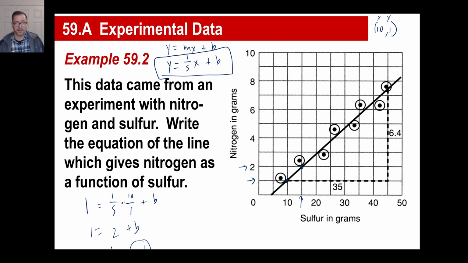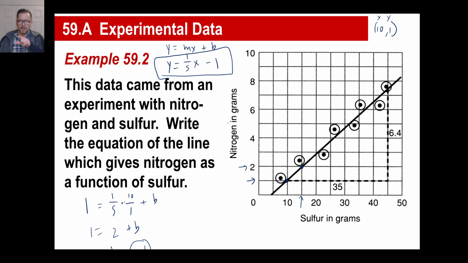Well, now we can go back in here and go, okay, we had that equation. It's going to be y equals 1/5 x plus b. Well, forget the plus b. I'm putting -1 in there, because that's what it is. There you go. And if you want, for the rest of the time, you can leave this as your equation. You can just look in an answer book and check if yours matches.